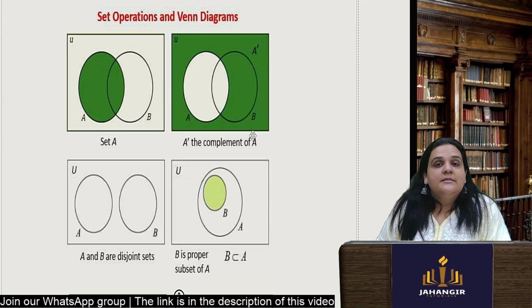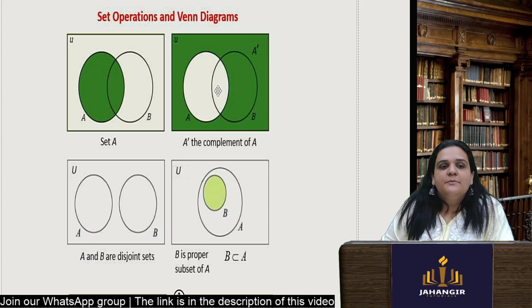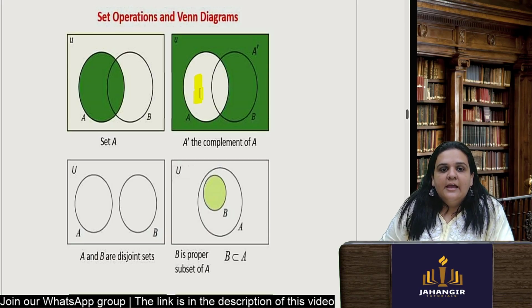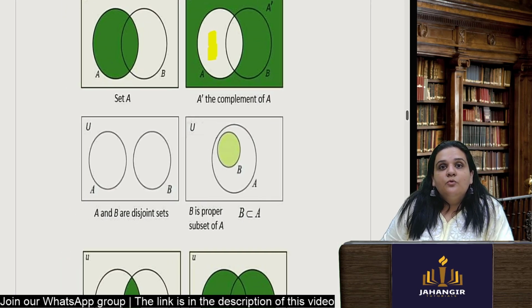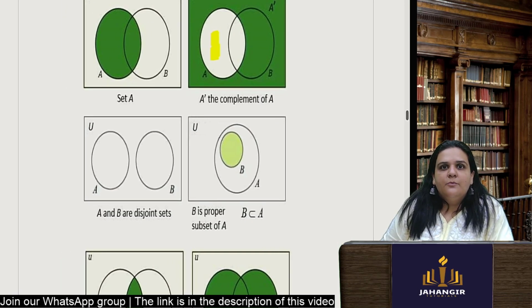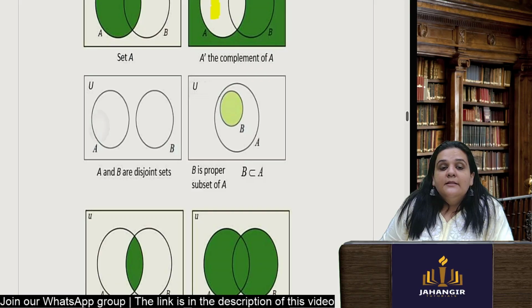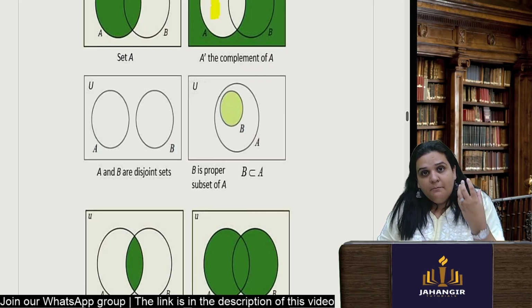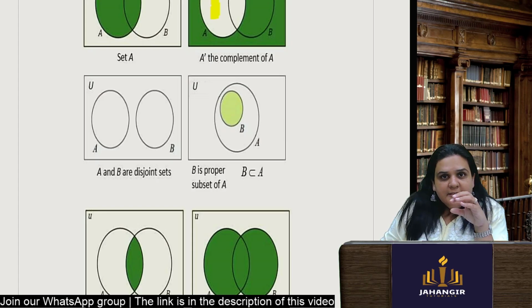A complement means all the set of the universe leaving only the set A, everything present in the universal set except in set A. Then you have two disjoint sets, there is nothing common between A and B. Then A has all the elements, in fact more elements, but B is a subset.